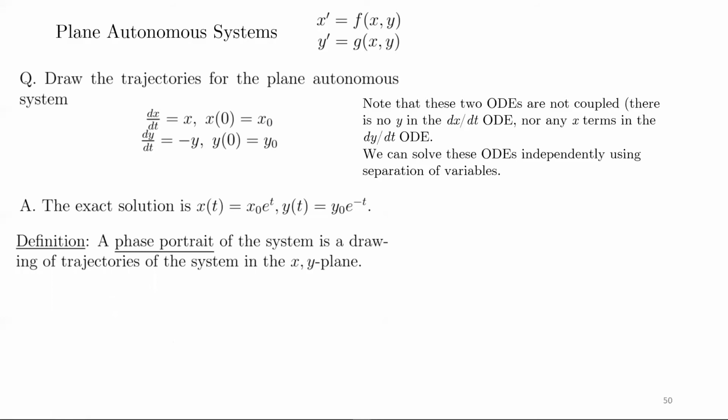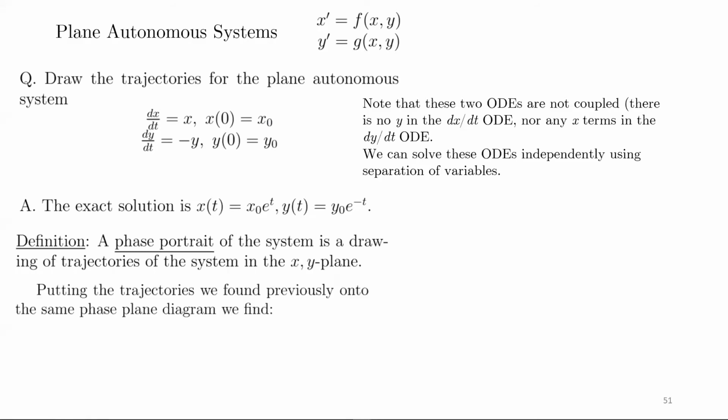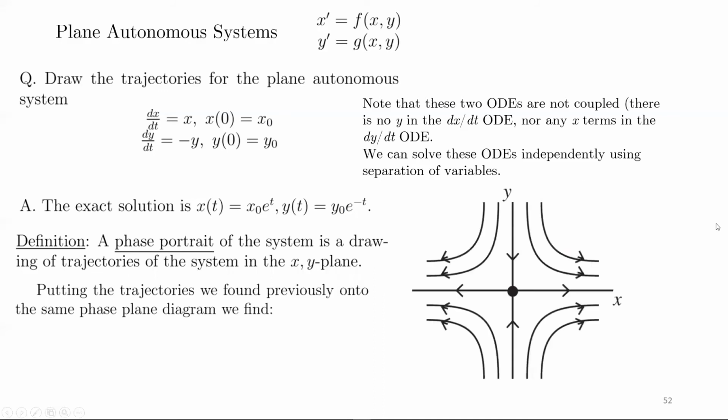So we can plot all these trajectories on the system to create our phase portrait, and we get something like this. Again, along the y-axis we get two arrows pointing towards the origin. Along the x-axis we get two arrows pointing away from the origin. And we get these hyperbola solutions in the other quadrants. Okay, so this is the phase plane for this fairly simple autonomous system.